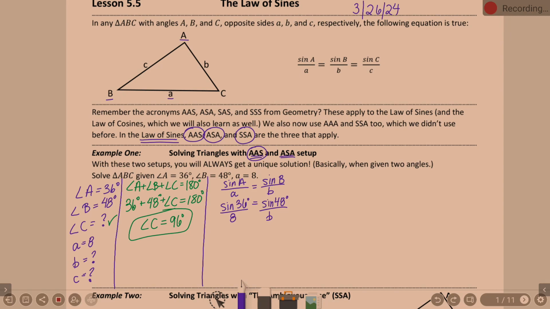What are you plugging in? Well, divide sine 36 by 8, and what you get there is 137. Not exactly.